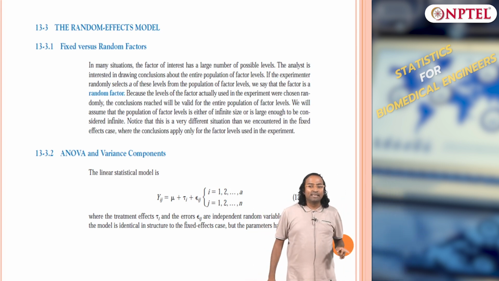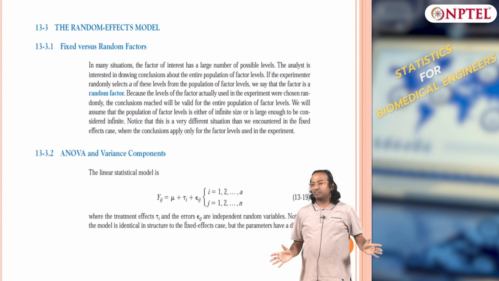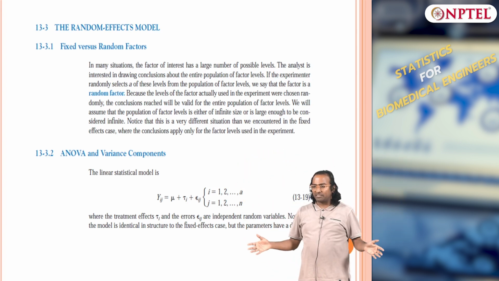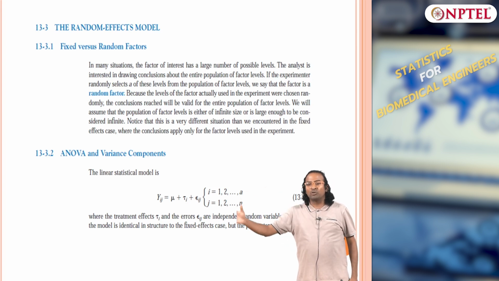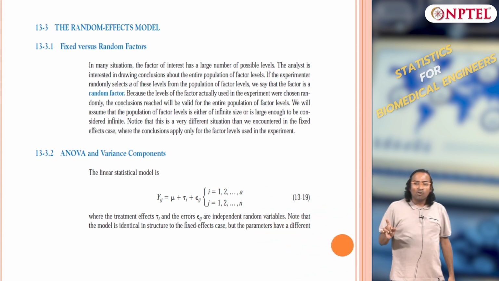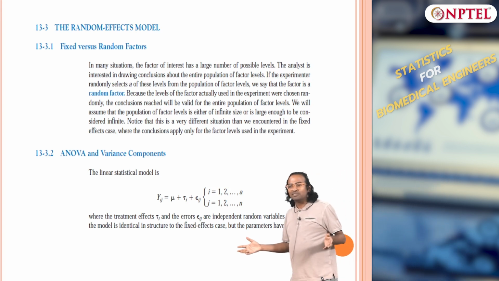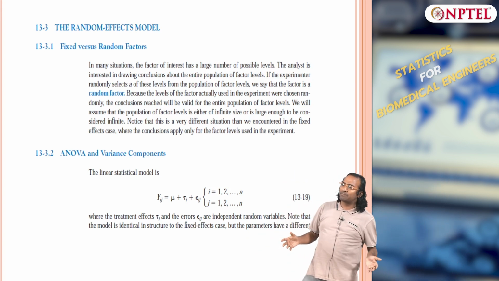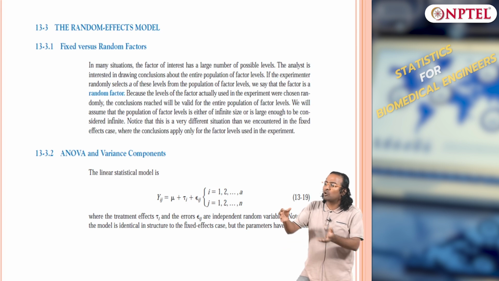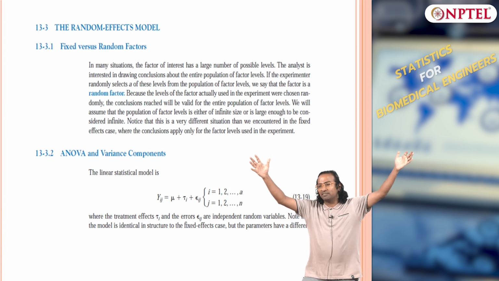Tau i itself is a subset of a bigger population. Earlier tau i was fixed, i is fixed from 1 to a. I am only interested in a treatments. Now this a is a subset of capital A. So there could be many possible treatments. I have chosen only small a treatments from the bigger set, okay.